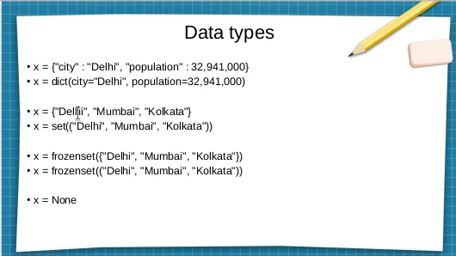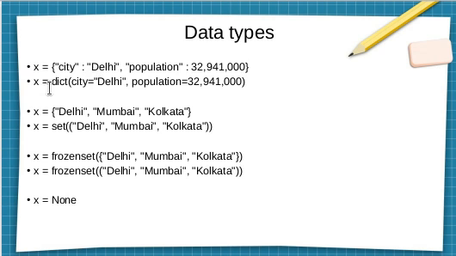Now the dictionary type variable. A dictionary is represented with curly braces, then the colon means this is the key and after the colon this is the value. This is the key with double quotes, this is the value with double quotes. This is a key with double quotes. As it is a numeric data type, we do not have to put double quotes.